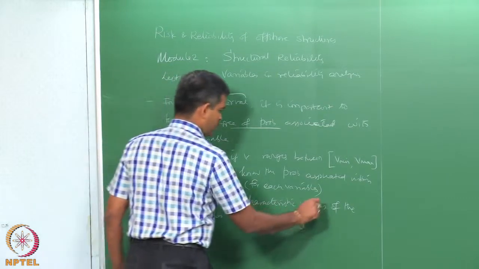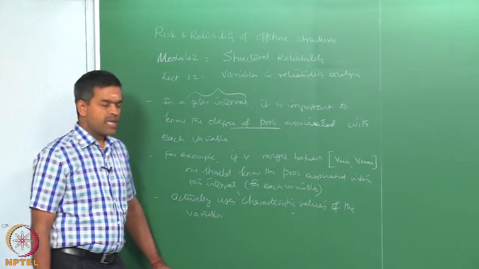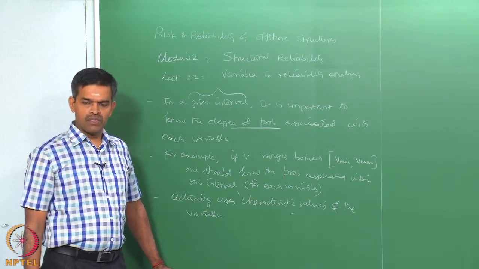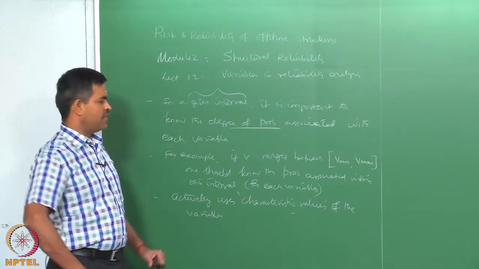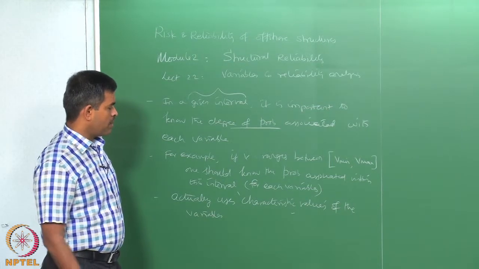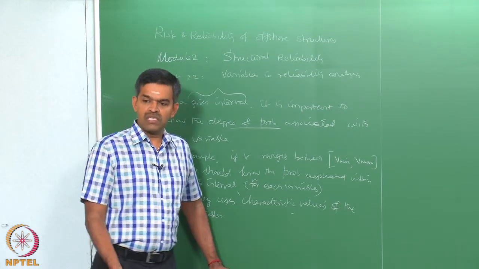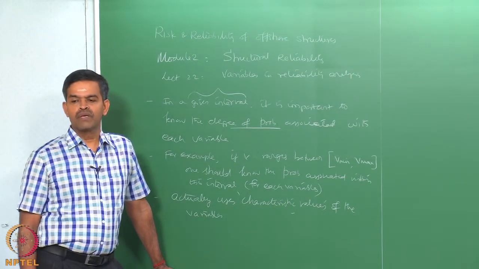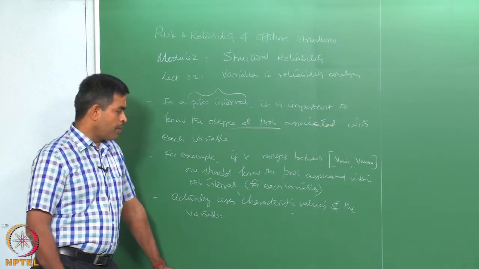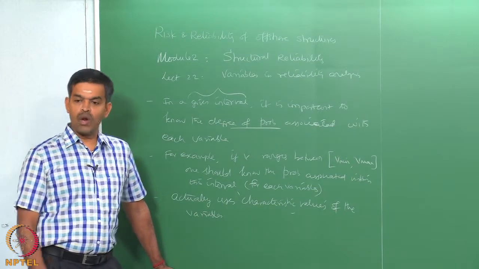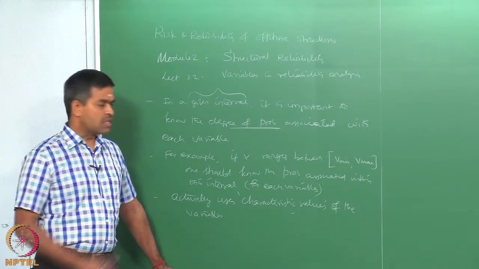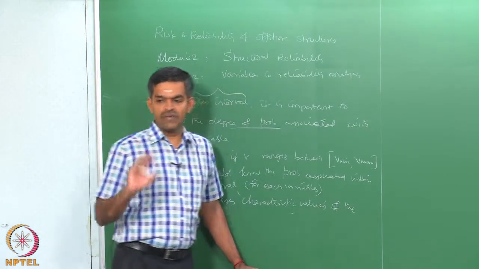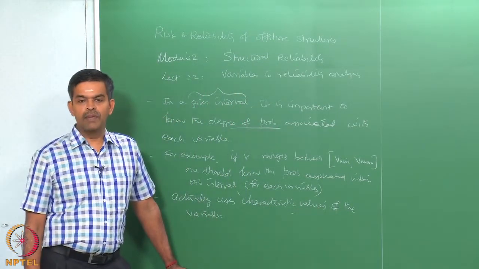Characteristic values are those which say there will be no probability of exceedance beyond 5% of the chosen value. For example, if I say the load or the stress value is going to be 0.95 sigma y, and there is no probability of exceeding this value beyond 5% during the service life of the structure. So, characteristic values have a very classical definition based on a probabilistic angle.